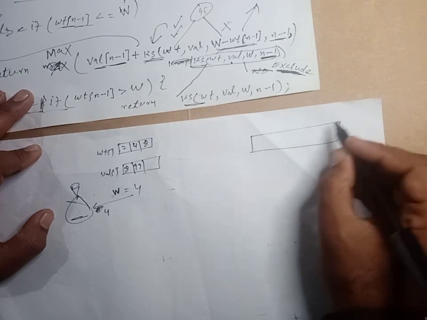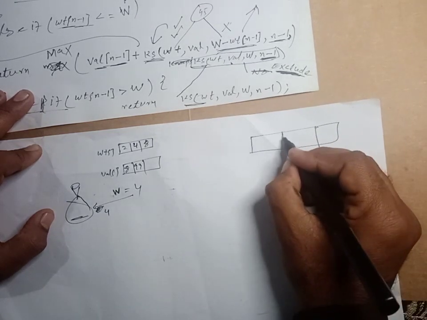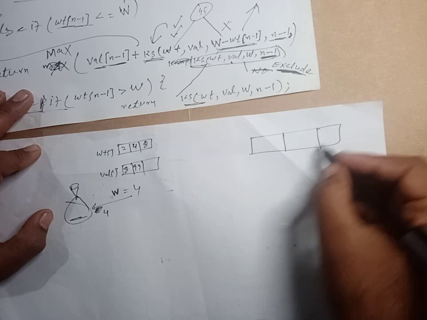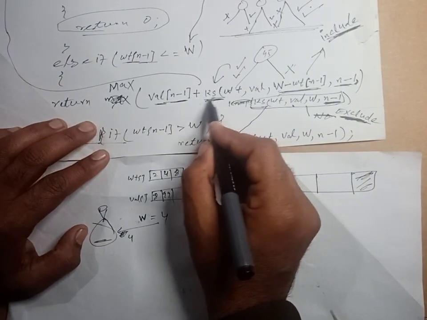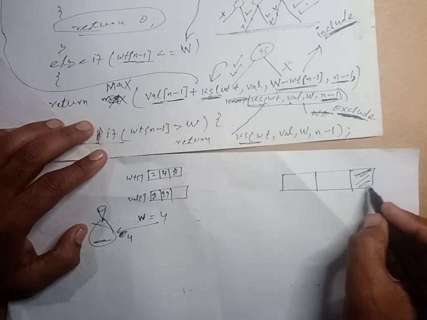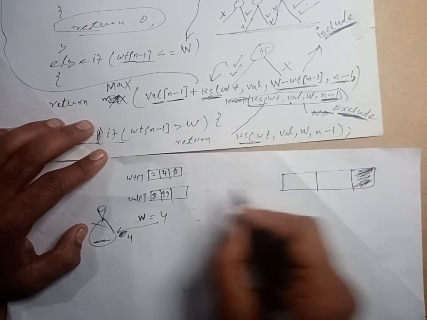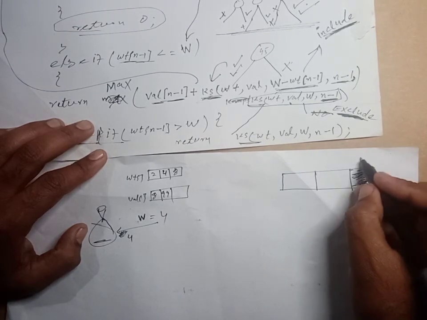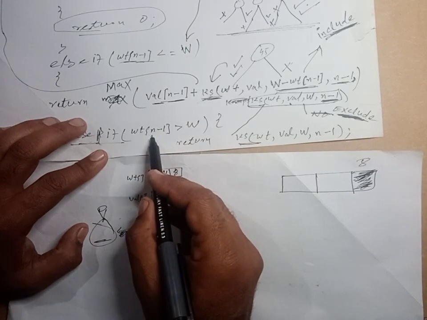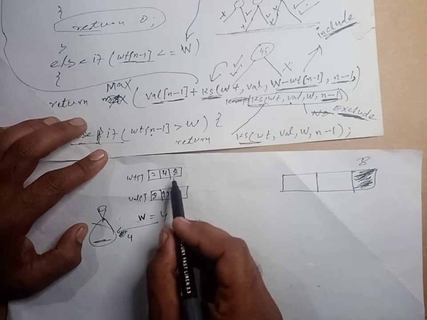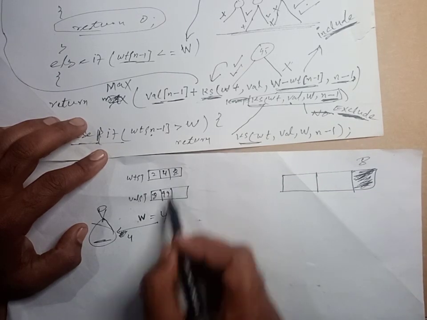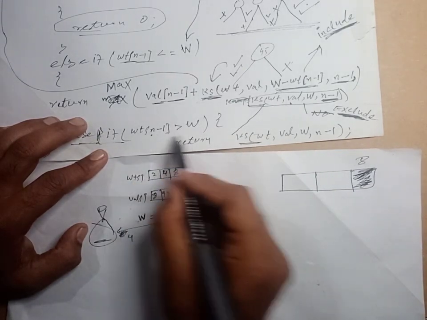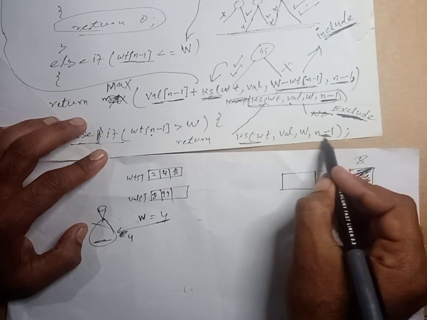So here we should explain it, for example, here we have to choose the item or not. So this was 8 here, and we have to choose the 8 or not. The individual item weight is exceeding the limit, so we don't have to choose it, and we should move past it here.